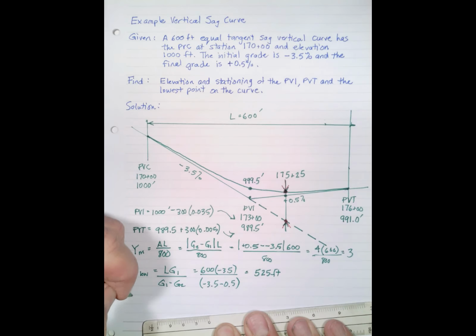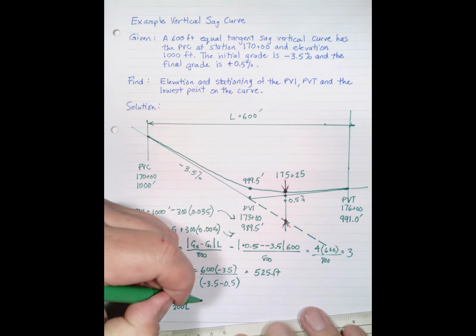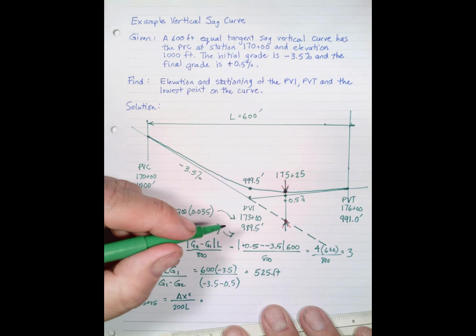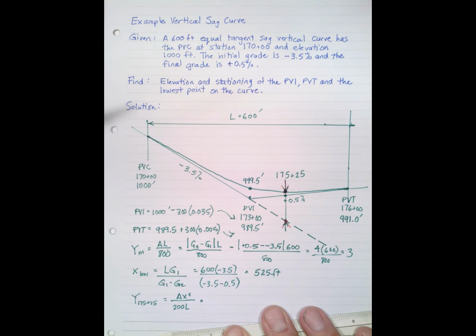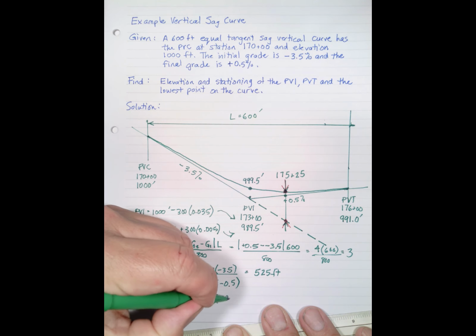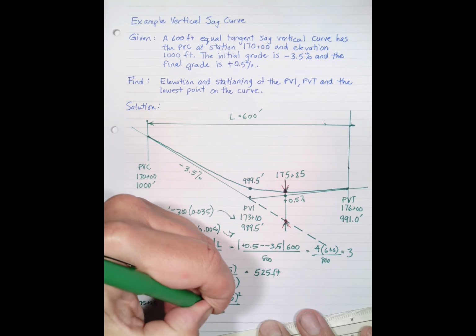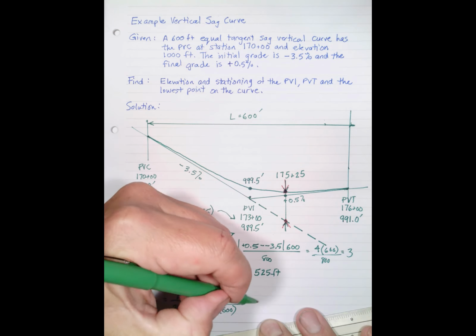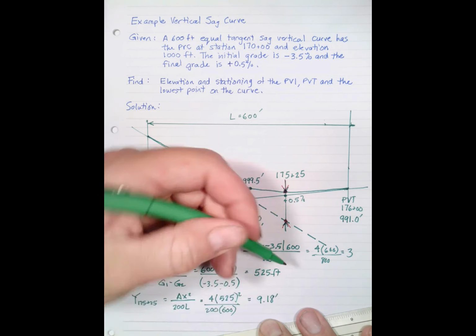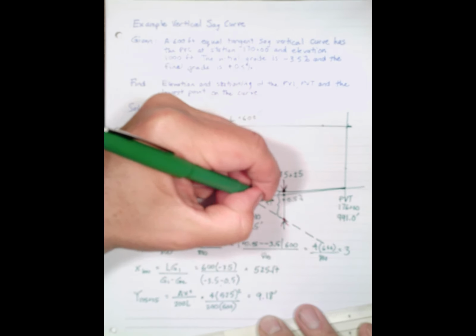So the offset for 175 plus 25, the general equation, is A x squared over 200 L. So this is 4 times 525 feet squared divided by 200 times 600. This value is 9.18 feet. So this distance here is 9.18 feet.